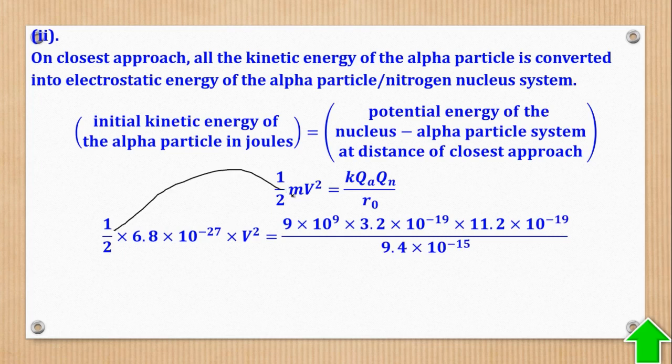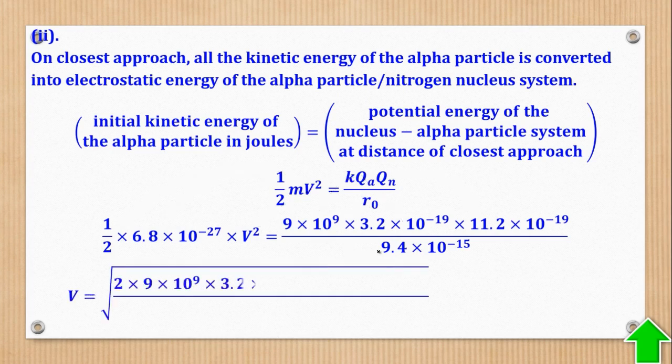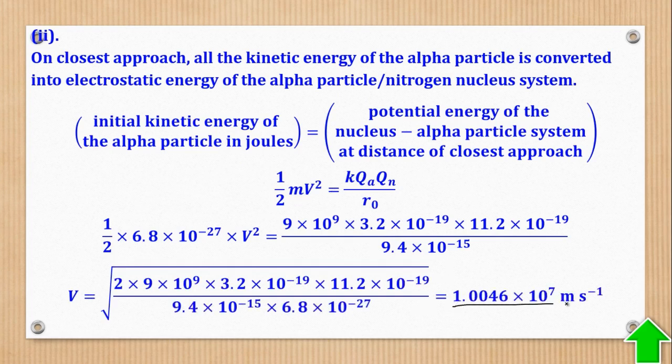Half is there, mass is there, V is what they want, K is this, Q1 is that, Q2 is that, and separation is that. That means that my aim is to make V the subject, and V will be equal to this, and that's what they wanted.